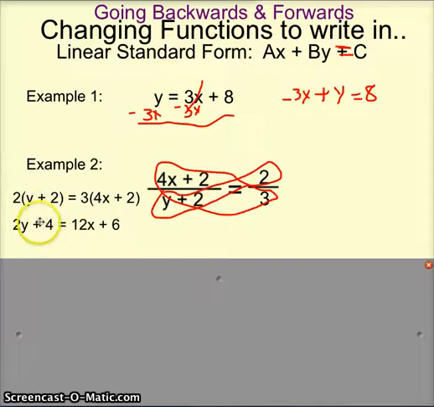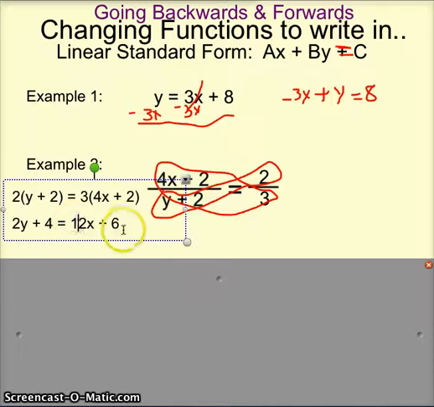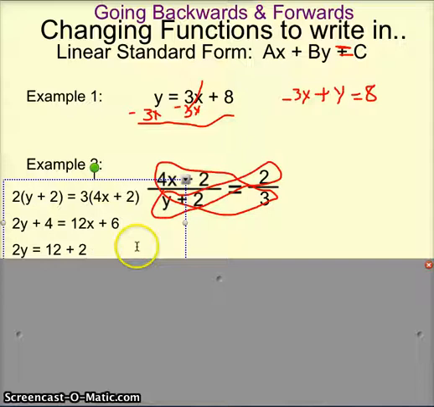Well, right now I have a constant here and I have a constant here, and I know I'm going to wind up having to equal a constant, so I'm going to subtract 4 on both sides to start. So that'll leave me with 2y equals 12x plus 2, because when I cancel out 4 here and I cancel out 4 here, 6 minus 4 gives me 2.